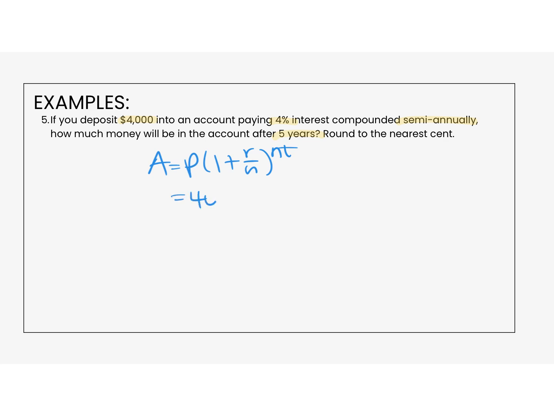I'm depositing 4,000, so that's my principal. 1 plus my rate of 4%. Semi-annually means twice a year for 5 years. That's times 2 times 5. Again, we're plugging that into your calculator so that you get an amount rounded to the nearest cent, $4,875.98.